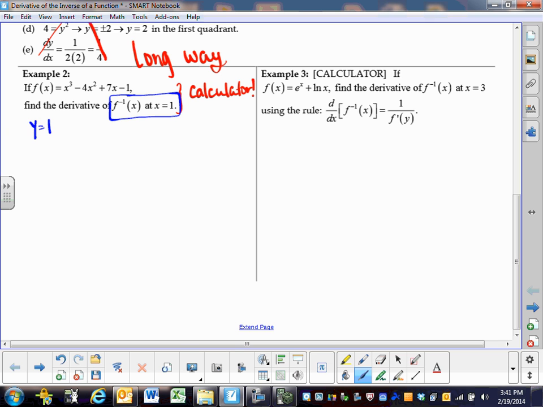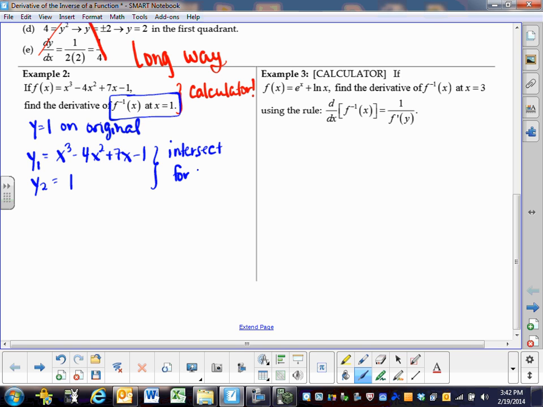Because I want to know how to make my calculator do all the work for me if possible. So if we want the derivative of the inverse at x equals 1, that really means that y equals 1 on the original. So I'm going to put y1 as the original graph, x cubed minus 4x squared plus 7x minus 1.